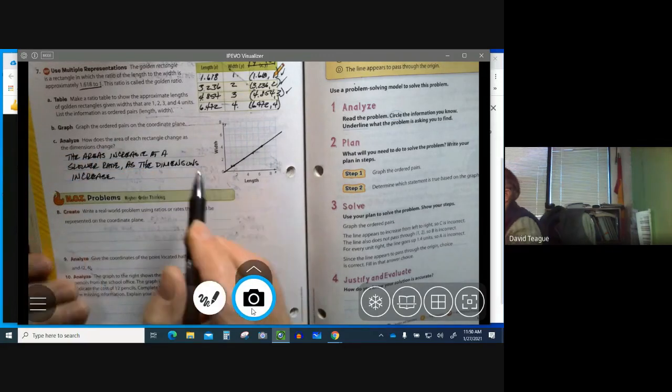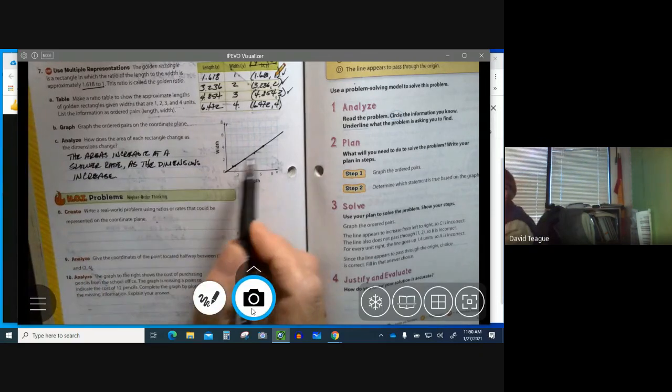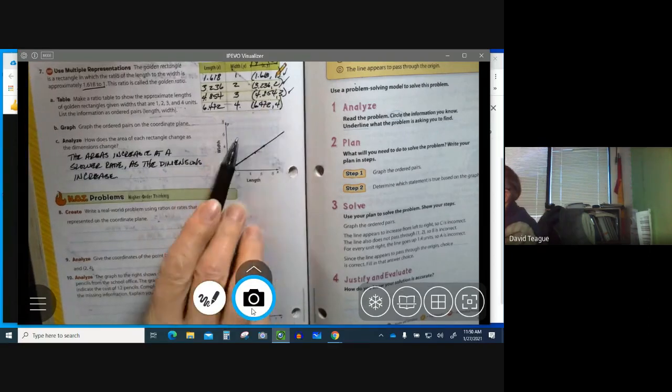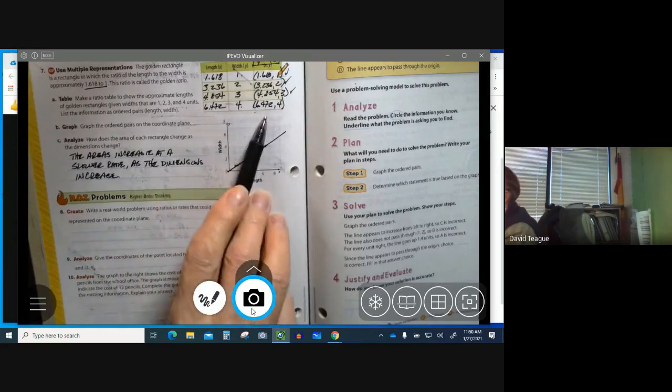So the area increases at a slower rate than the dimensions.